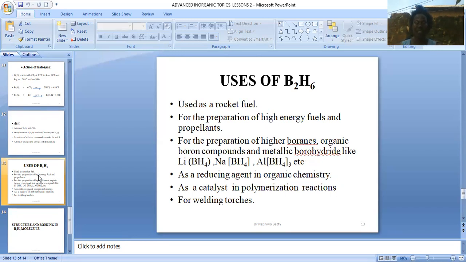It can be used as a reducing agent in organic chemistry and as a catalyst in polymerization reactions. And lastly, it can be used in welding torches.